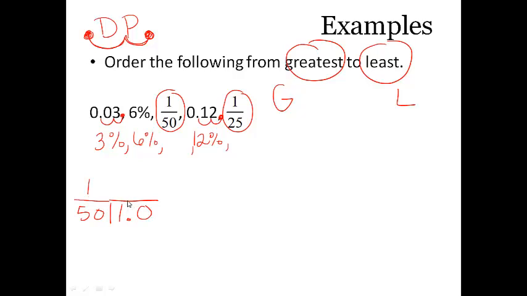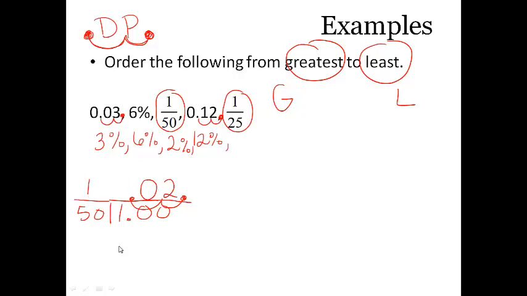Dot, 0, dot. Can 50 go into 10? Nope, it goes in 0 times, so I need to add another 0. Can 50 go into 100? Good, twice. Well, now I have a decimal, and remember to change a decimal to a percent, we have to move it over twice. So .02 changes to 2%.